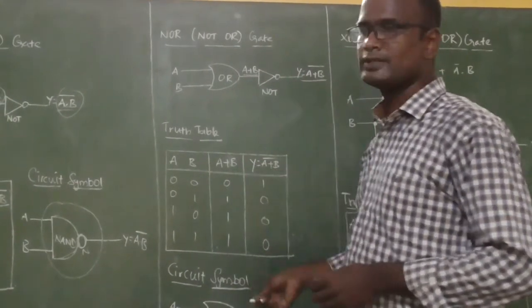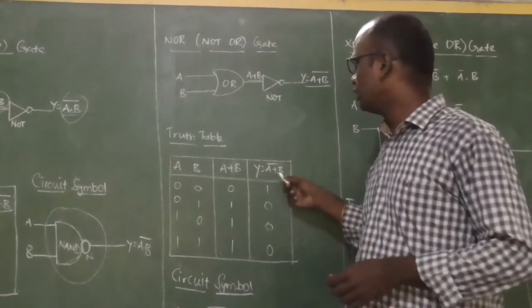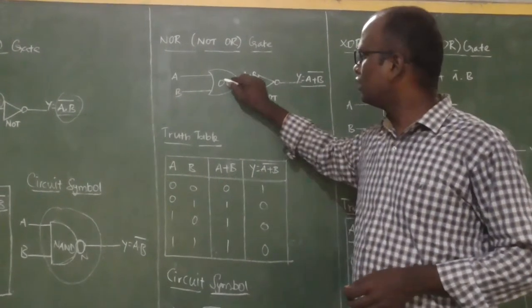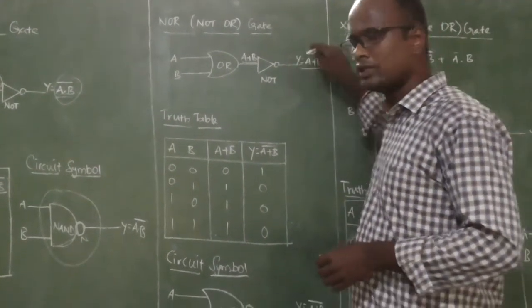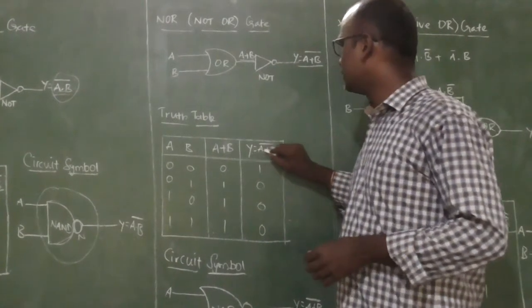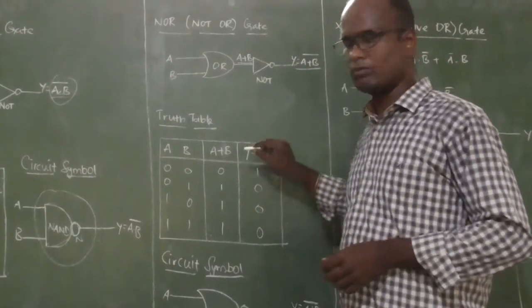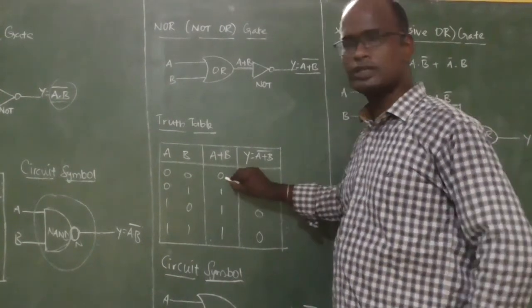The truth table says that if we apply 0, 0, we get 0 at the OR gate level. If we go to the NOR gate level, we get the output Y equal to A plus B whole bar. So here we get the result for the OR gate.